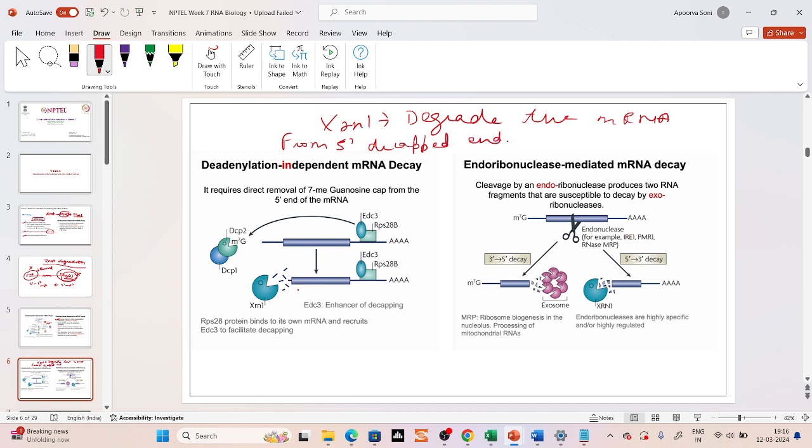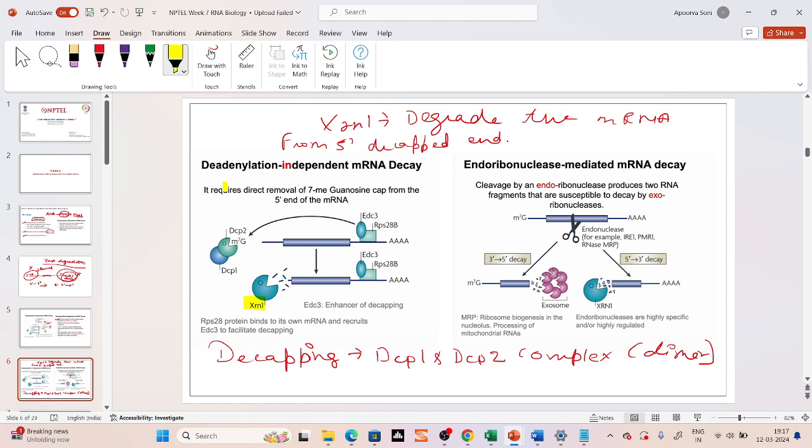And for decapping, the DCP1 and DCP2 complex dimer. This dimer. Okay. So this XRN1, and this is important, it will get repeated time and again.